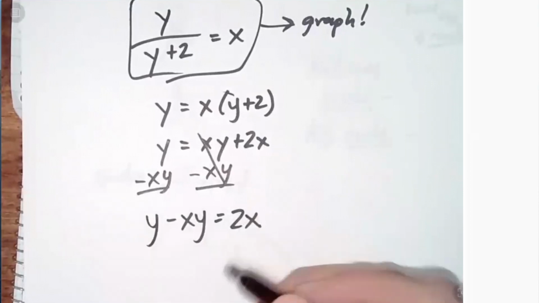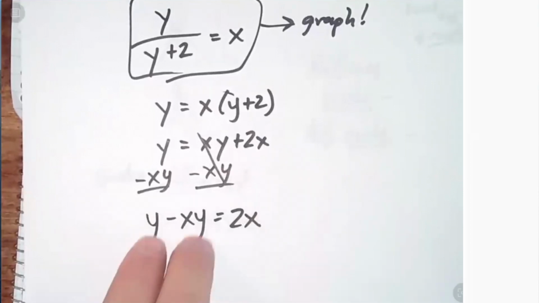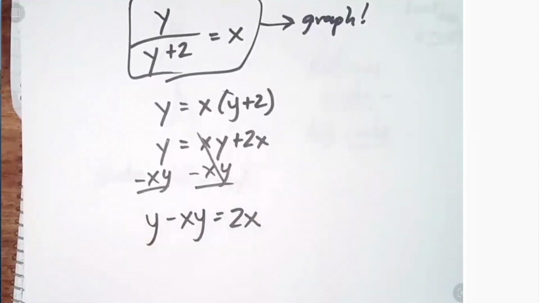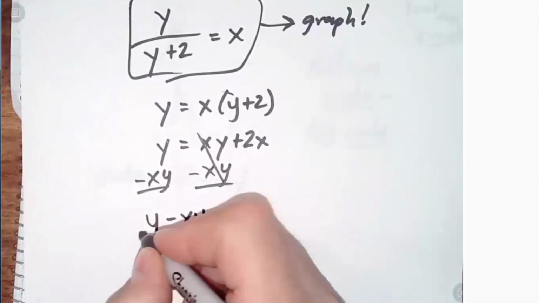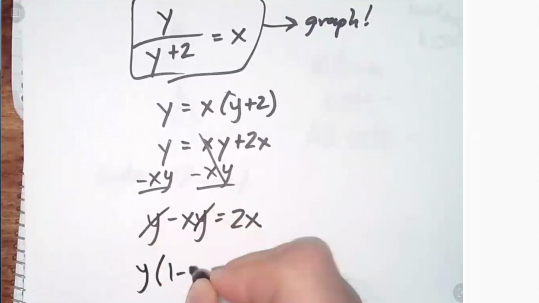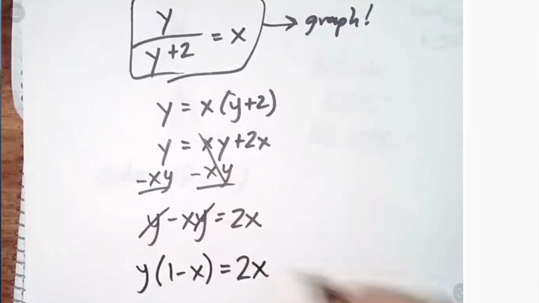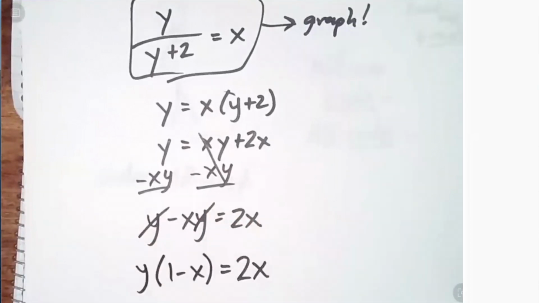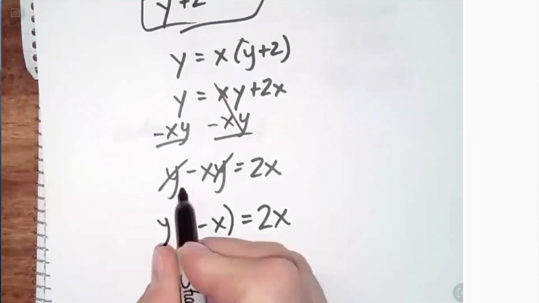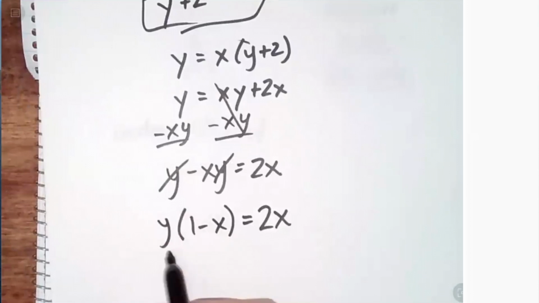And then these two terms, this y and this xy, they both have y as a factor. So we're going to factor out y. That step factors out y from both of those two expressions, which makes y times 1 minus x.